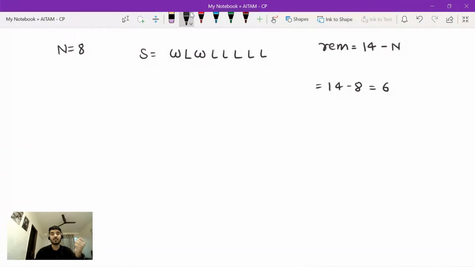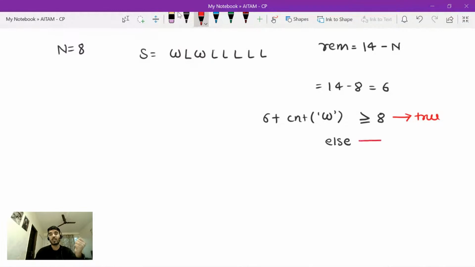It is simply 6 plus the count of W in string S. If this total value is greater than or equal to 8, then I can simply say RCB will qualify for the semifinals, so I will return true. Otherwise, in the else case, I will return false.